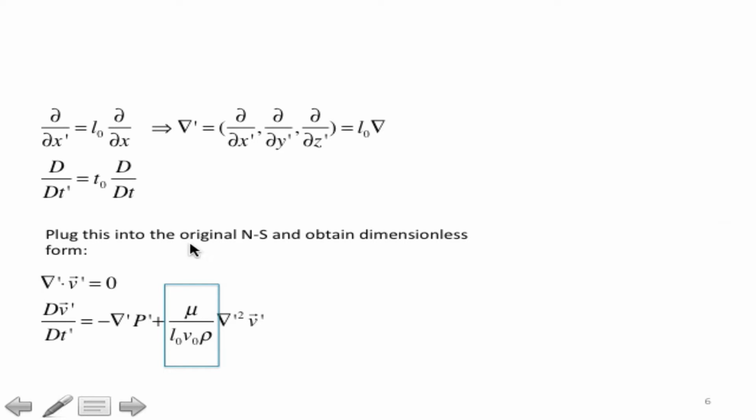And also, this equation now doesn't have rho here anymore. I actually have this number here, mu divided by L0 V0 rho. I divided by rho as well. What is this? It's 1 over Reynolds number. And that's essentially why we define Reynolds number the way we do. And it's, of course, a dimensionless number.